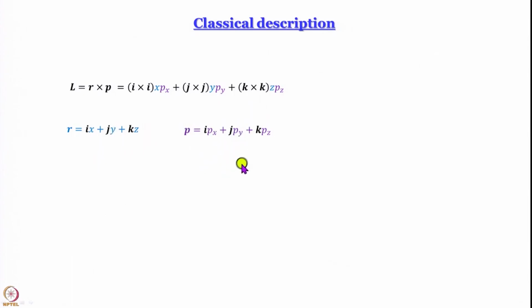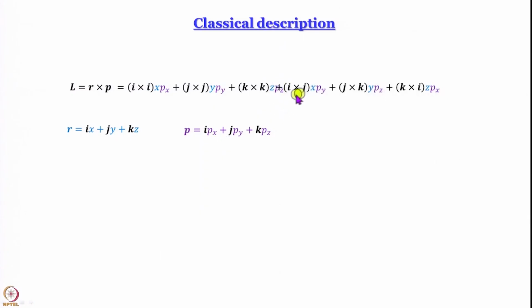Remember, x and py are just magnitudes, the direction is given by the direction of the unit vectors i, j and k. Okay. So, i cross j, j cross k and k cross i. So, kz cross ipx would be k cross i multiplied by zpx. This is what it is.